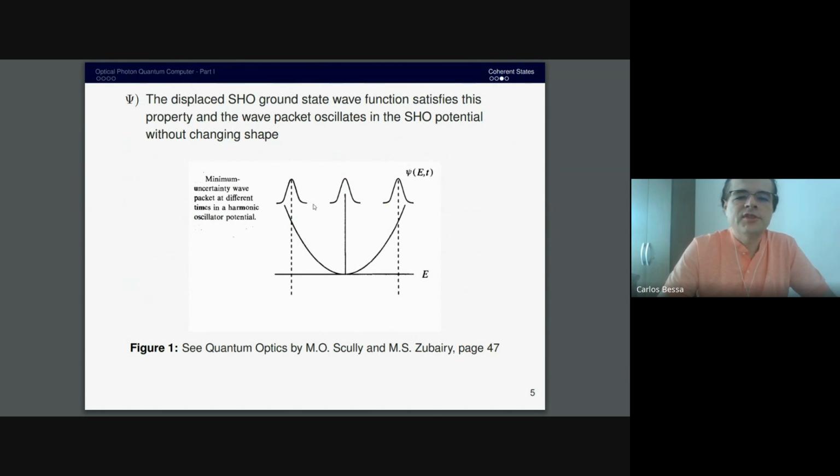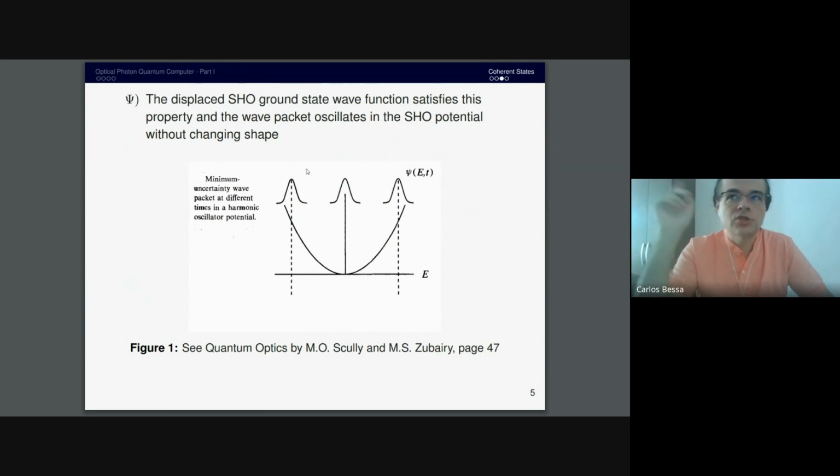So that's the state with the minimum uncertainty, I mean, the minimum uncertainty related to the uncertainty principle, right? When we relate the momentum and the position, in this case, of the photon. So all the photons generated here have the same amplitude and the same phase, and have this property of minimum uncertainty. We'll prove this probably in the next lecture, not today.